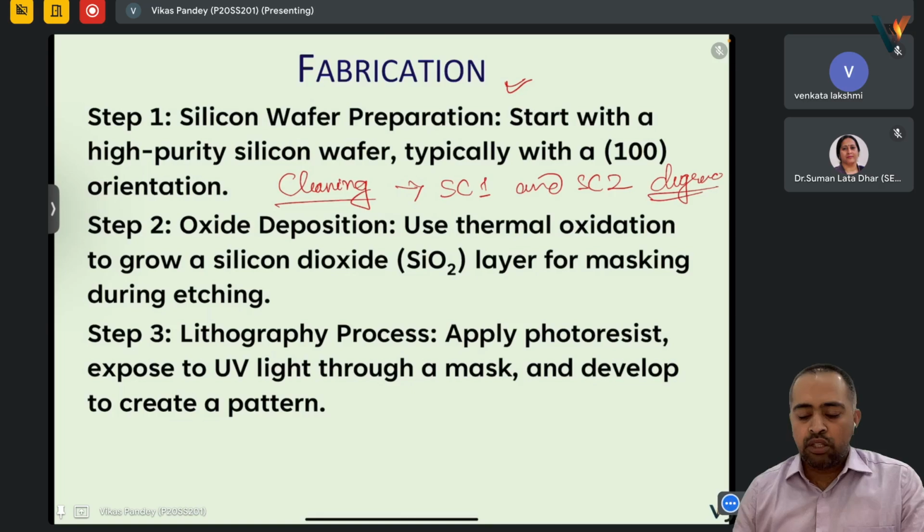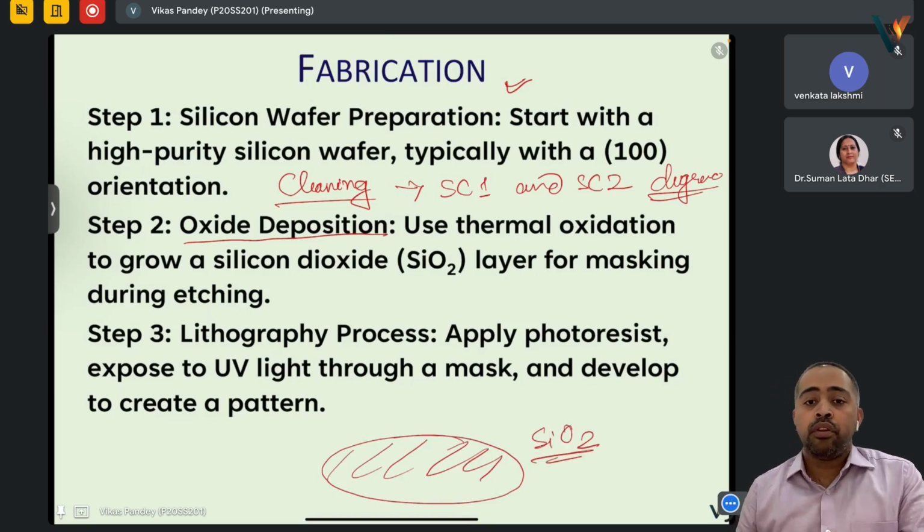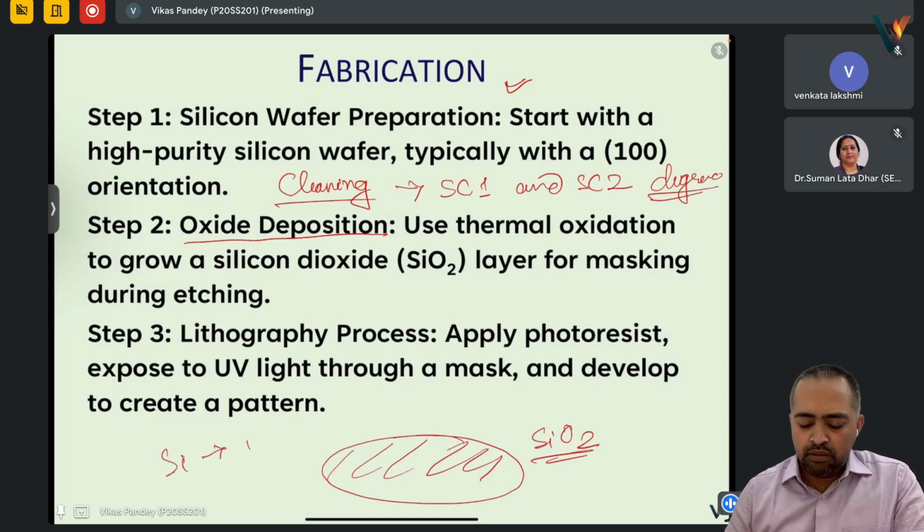step, that is oxide deposition. Again, if we have silicon, on top of it we need silicon oxide, SiO2. As we know, silicon is a semiconductor, so that means it will have some conductive property.